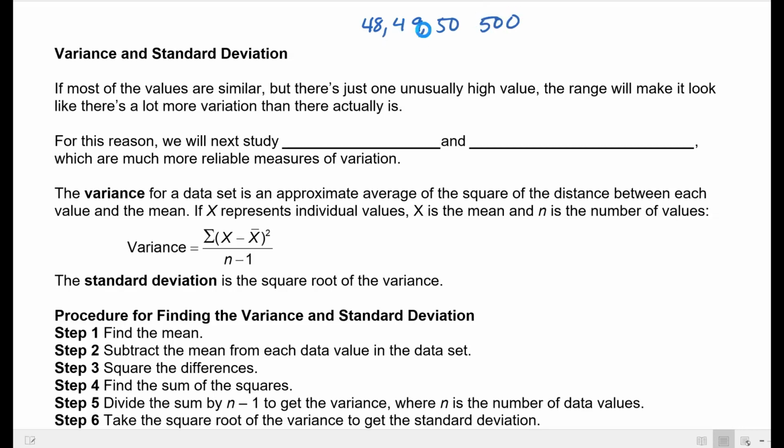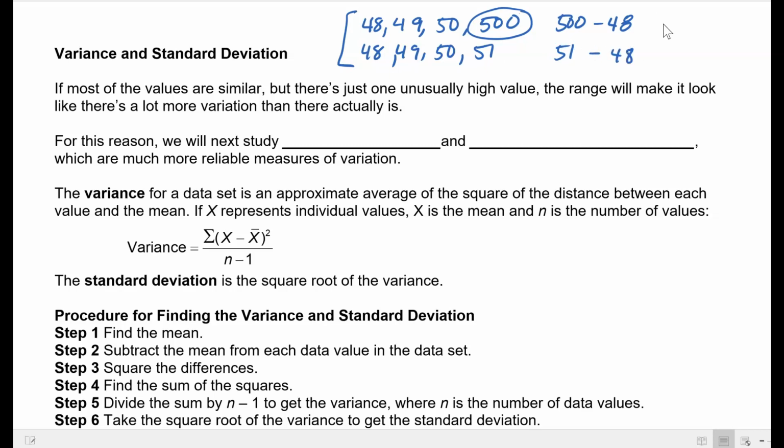Those are your numbers. And maybe you have a second list, 48, 49, 50, and 51. I would say those lists are pretty similar, except that the first list has a really, really high value. The range would be 500 minus 48, whereas the range in the second one is 51 minus 48.